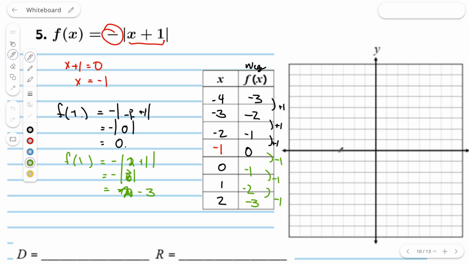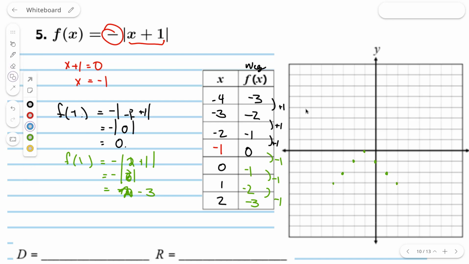And so we have -4, -3; -3, -2; -2, -1; -1, 0; 0, -1; 1, -2; 2, -3.